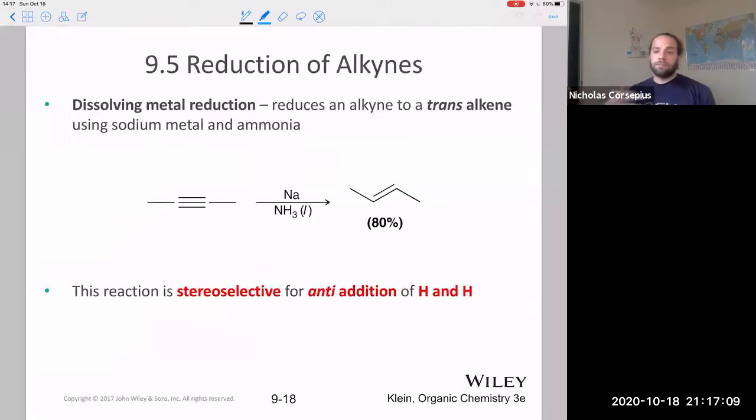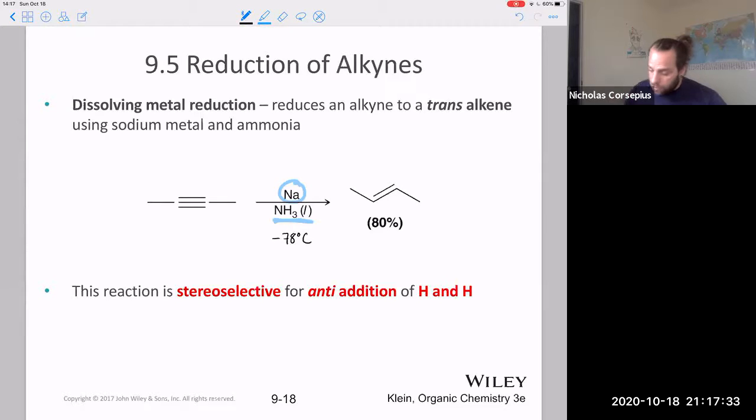So then the next question is, well, what if I want to form the trans stereoisomer? We have another method of doing this, and this is using kind of an odd combination here, sodium metal in ammonia. And actually these take place at like -78 degrees Celsius. So really, really cold ammonia and sodium. Sodium is incredibly reactive.